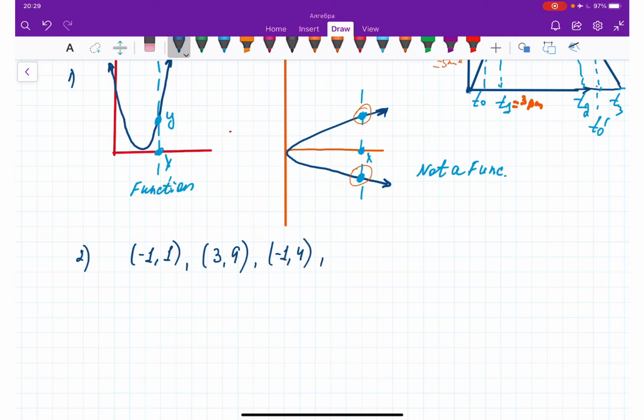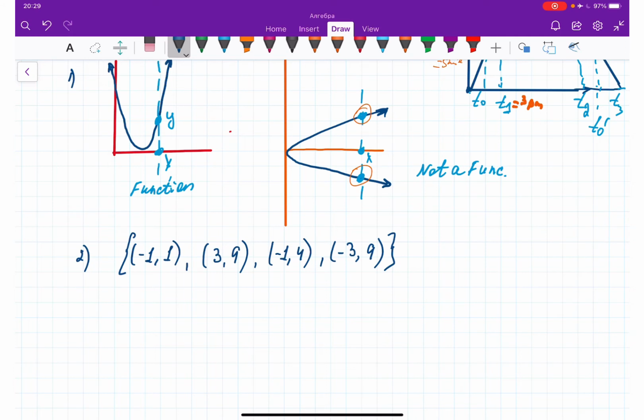And we have -3 and 9. So those are, let's say, coordinates of some function, and we want to identify whether these coordinates represent a function or not.